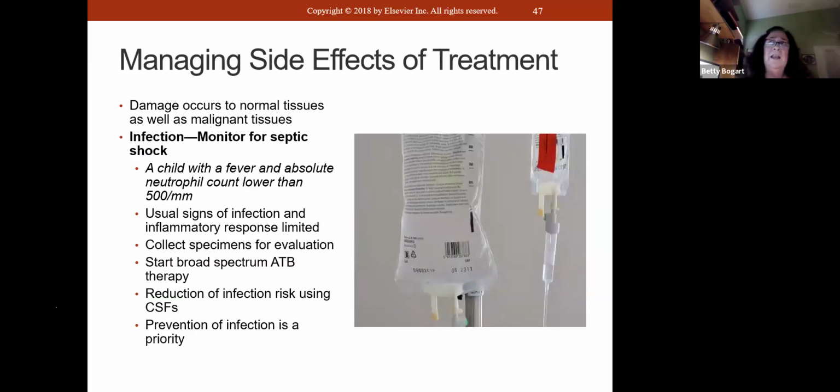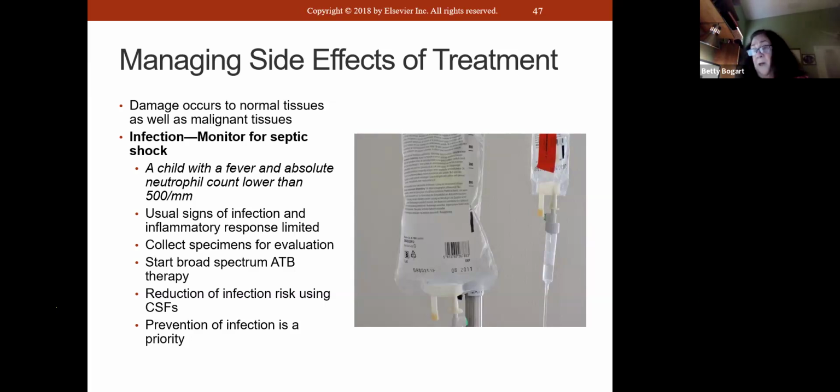And then let's look at giving the treatment now. You've got low white blood cells, low hematocrit, and low platelets, so you're really starting in a weakened stage. The biggest concern is infection, because there are no white cells in there to fight infection. So how do we monitor infection and white blood cells in children?